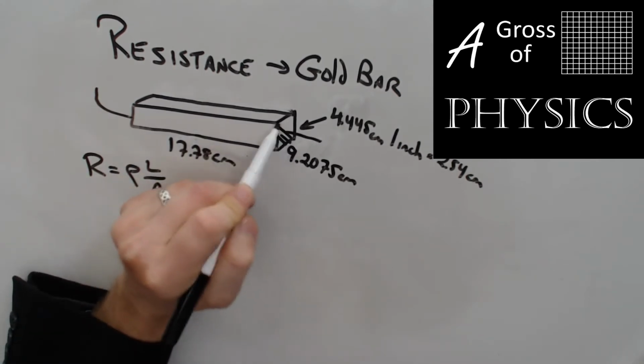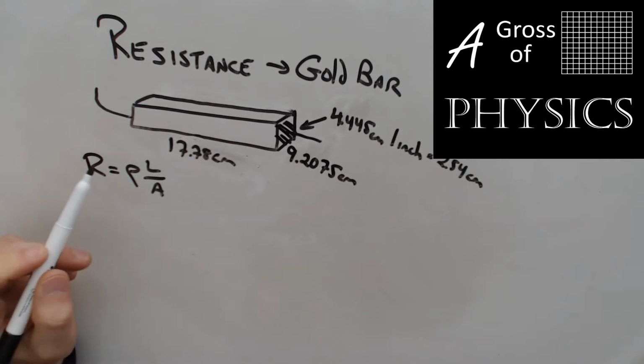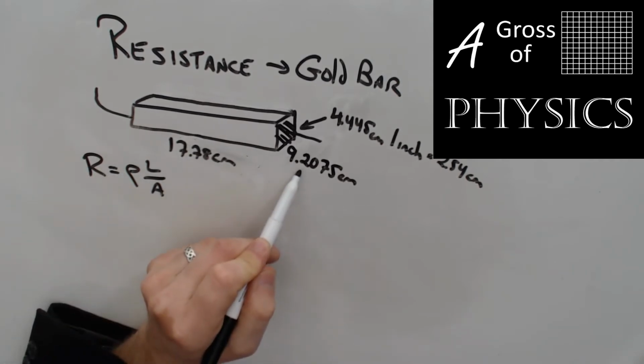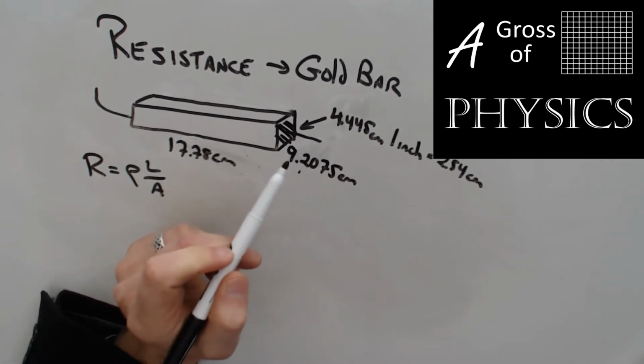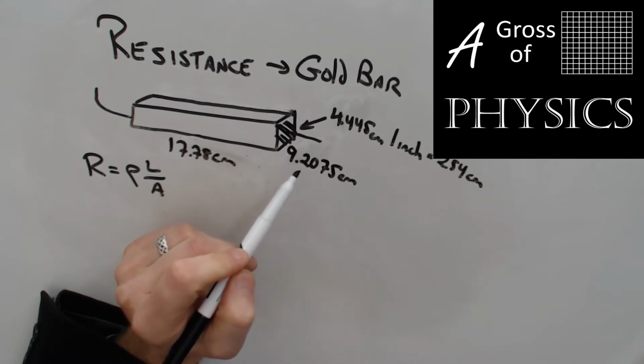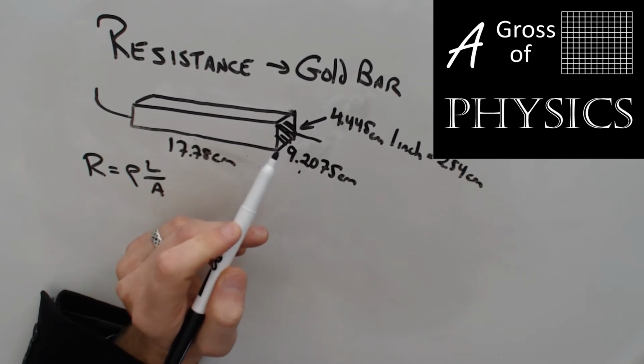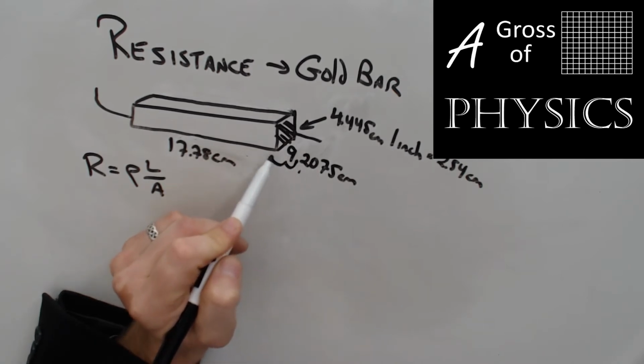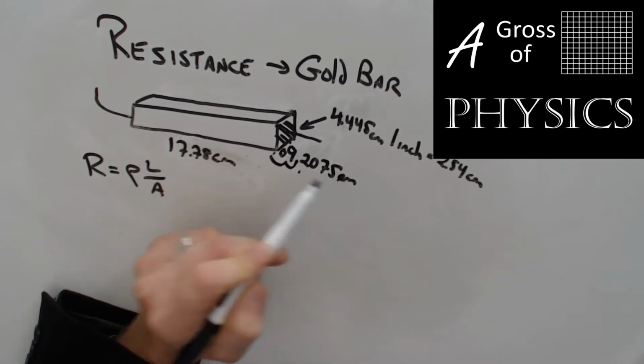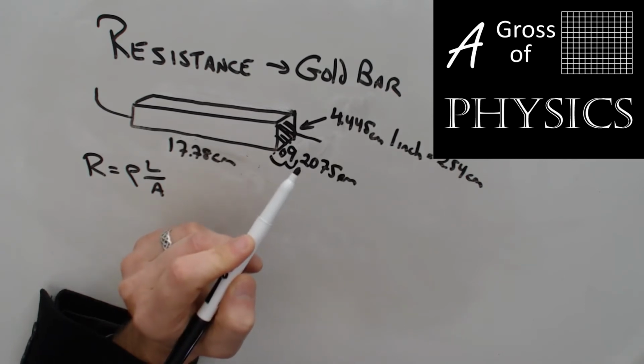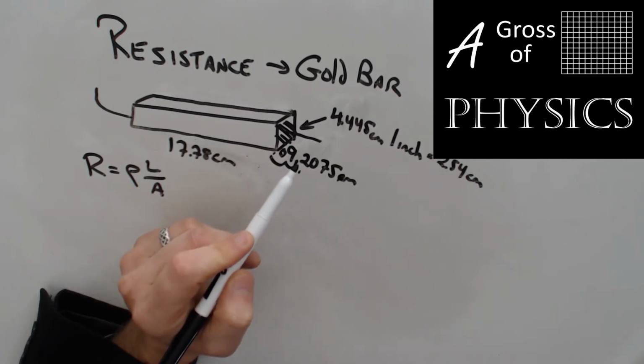the cross section is this part right here. So the cross section is going to be based on the base and height of that rectangle. So it's going to be 0.092075, because I'm going to convert that two places to make it meters, times 0.04445.